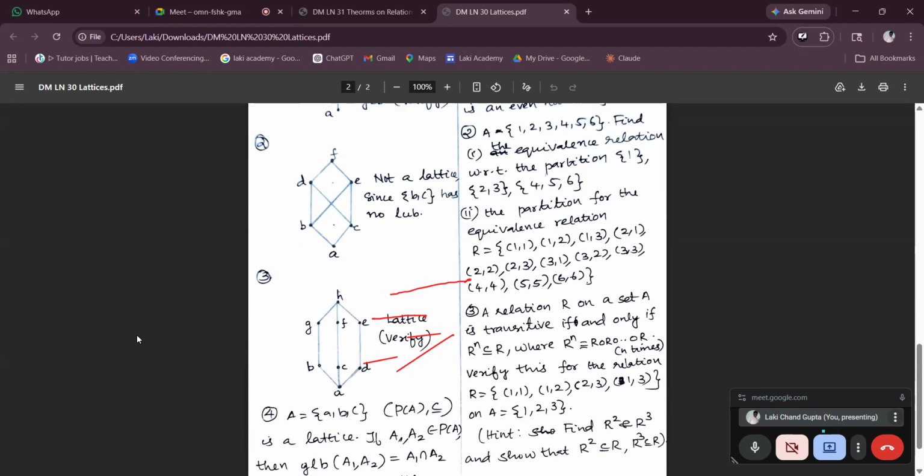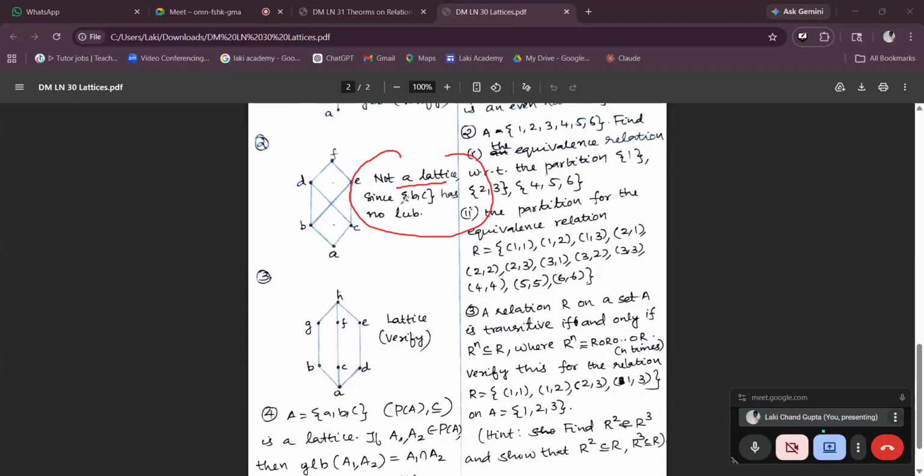And this is wrong. Who wrote this? Question number 2. This is a lattice, but they write not a lattice.